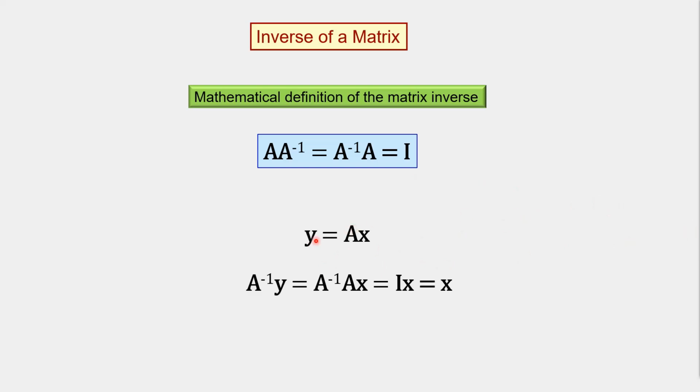Let's pre-multiply both sides of this equation by the inverse of A. So A^-1 A times y equals A^-1 A times Ax, just from this equation. But A^-1 A equals I. By definition, Ix equals x because I is the identity matrix.